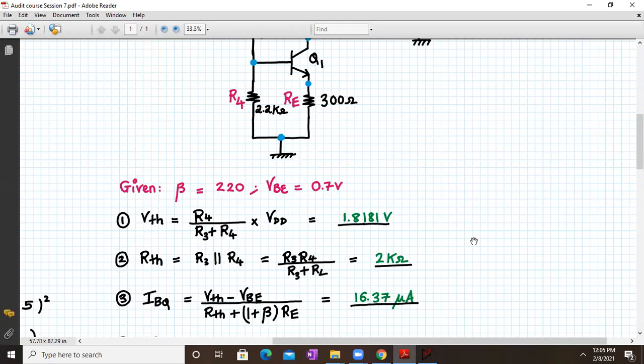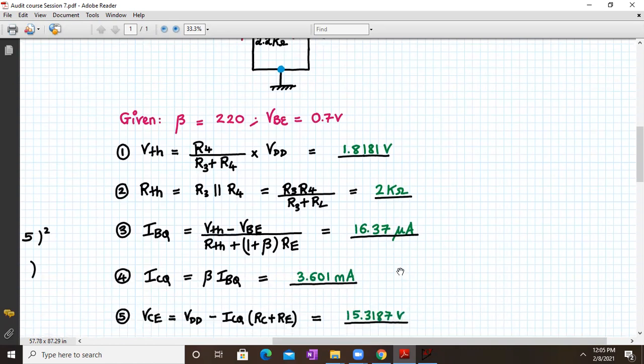That will be 1.8181 volt. RTH will be R3 parallel to R4, which is R3 R4 divided by R3 plus R4, which will be equal to 2 kilo ohm. IBQ will be equal to VTH minus VBE upon RTH plus 1 plus beta times RE.